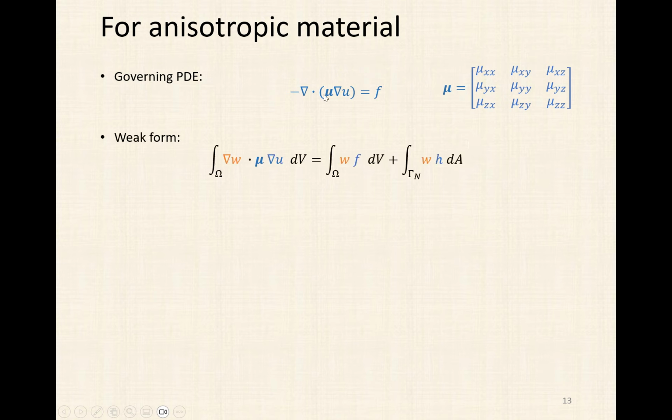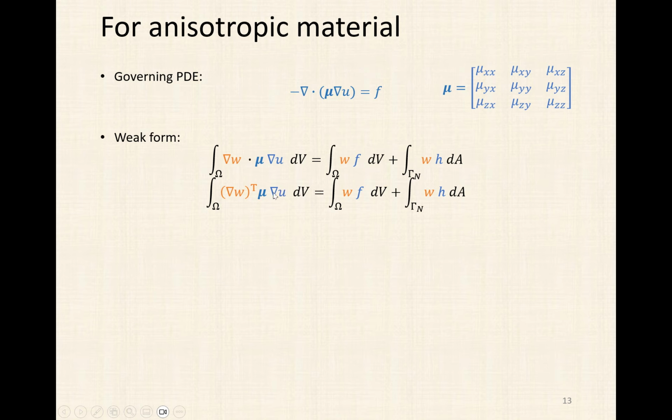Now we go back to the weak form. Here again mu is in bold, identifying that it is a tensor, not a scalar. By replacing the dot product and using matrix vector notation, we have del w transpose mu del u. This makes sense in terms of the dimensions. For example, del w transpose is 1 by 3, mu is 3 by 3, and del u is 3 by 1.